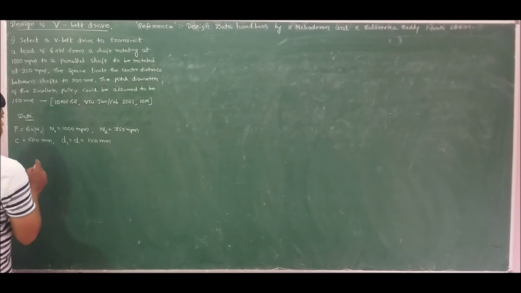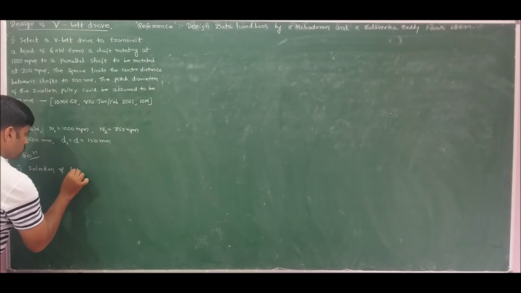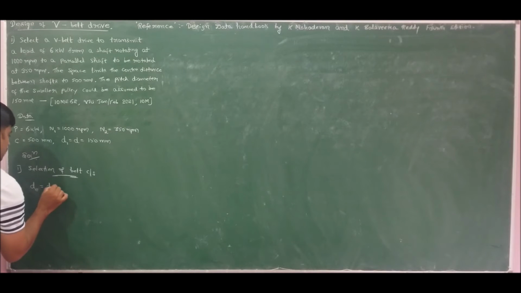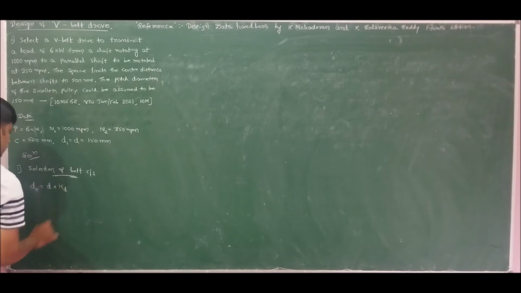Now coming to the solution, in step 1 we should select the belt cross section. Since the diameter is given, I can find the equivalent diameter, that is D equivalent is equal to the pitch diameter of the smaller pulley times the smaller diameter factor Kd.